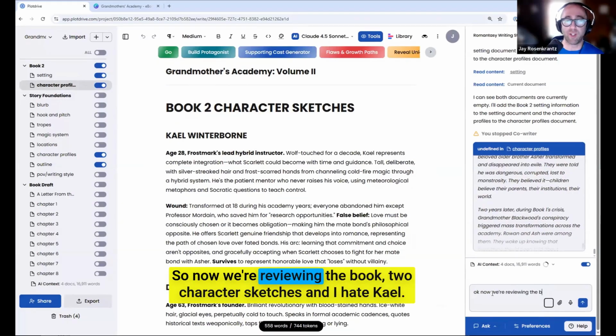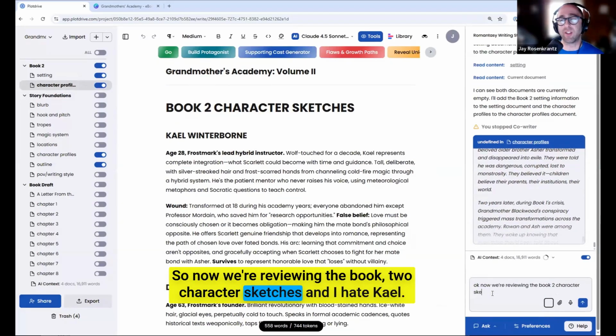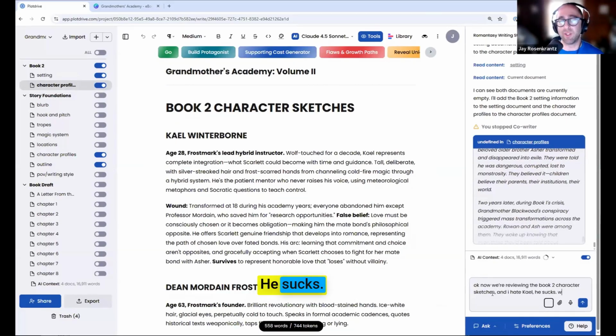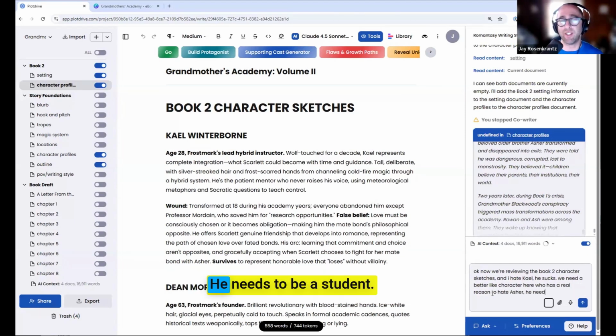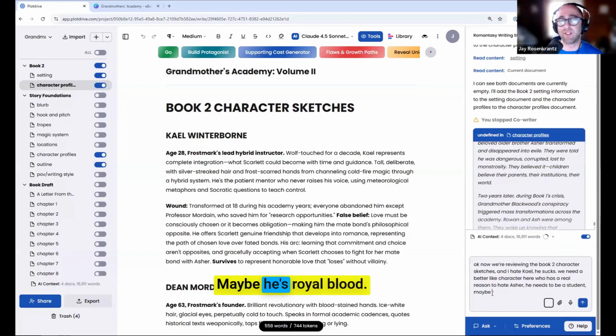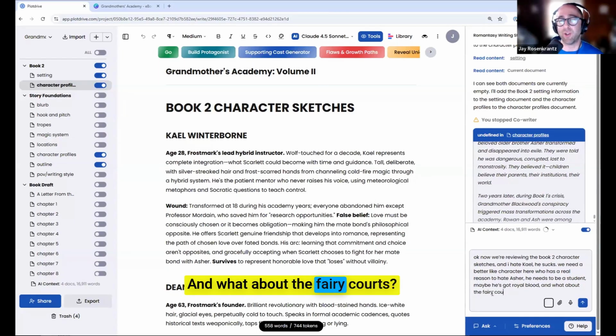So now we're reviewing the book two character sketches, and I hate Kale. He sucks. We need a better character here who has a real reason to hate Asher. He needs to be a student. Maybe he's got royal blood. And what about the fairy courts?